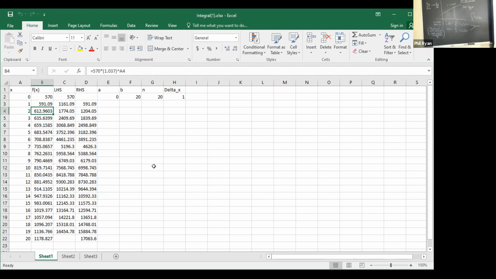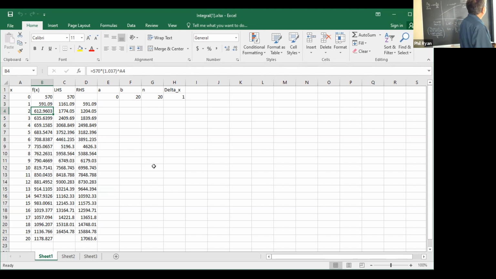I see that the function is 570 times 1.037 to the x. Okay, so this is a population problem, because it's something to do with exponential growth. So let's just say we're doing a population.